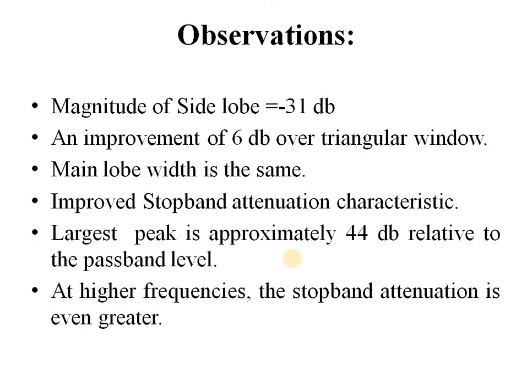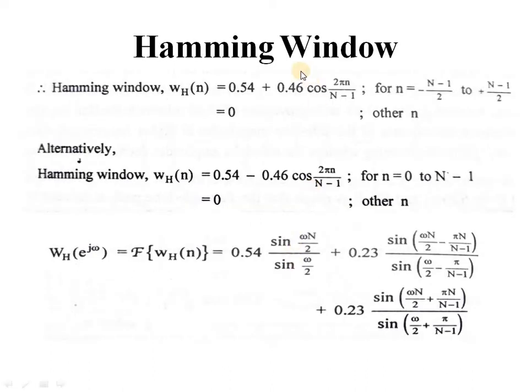And now let us move on to the Hamming window, a new type of raised cosine window with the value of A equal to 0.54. Hamming noted that a reduction in the first side lobe level can be achieved by adding a small constant value to the raised cosine window.